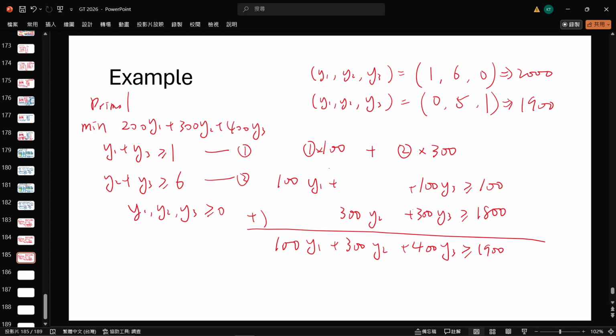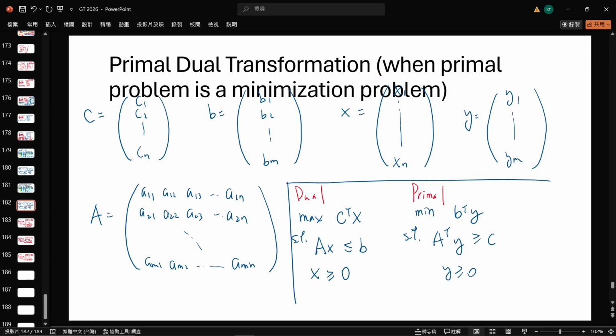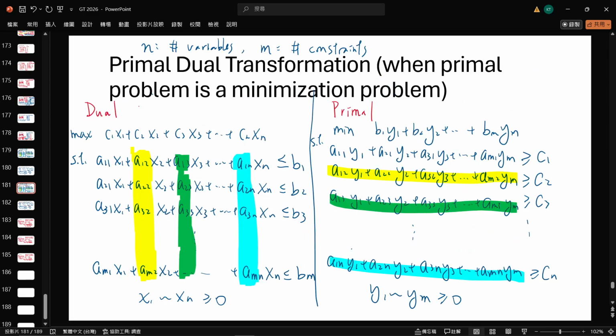So two observations. First, now this right-hand side equals our solution. Second, in this weighted combination, the coefficient of y1 is strictly less than the coefficient in the primal problem. This is why in the dual problem we don't say that this is equal. Sometimes it's impossible to find dual variables so that in the weighted combination the coefficient is exactly equal to the coefficient in the primal problem.